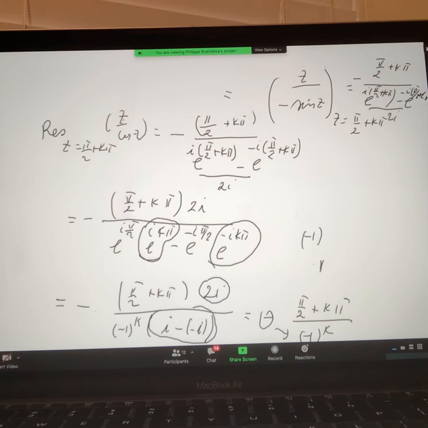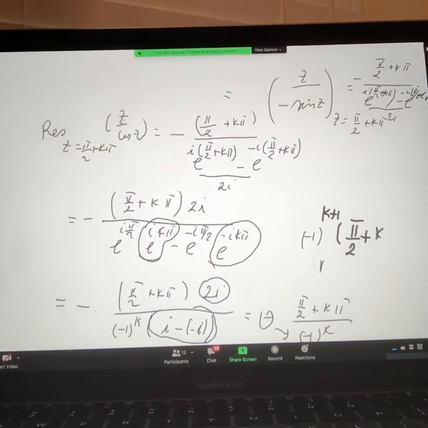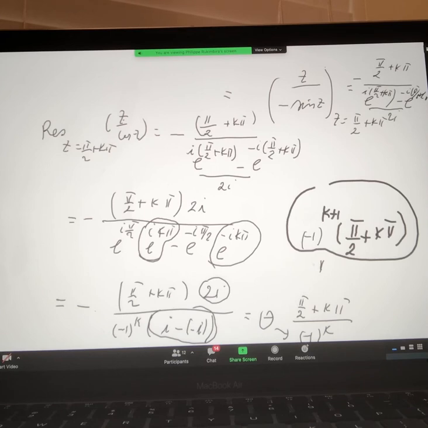So I get negative 1 to the k plus 1 times pi half plus k pi. So it's not just pi half plus k pi. There is this alternating sign, negative 1 to the k plus 1.